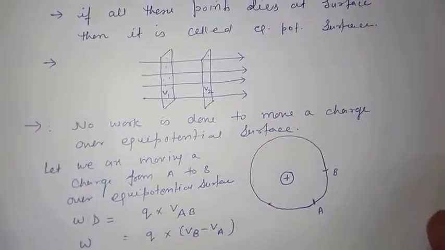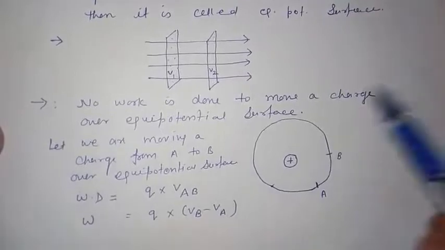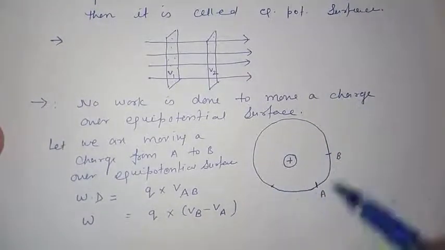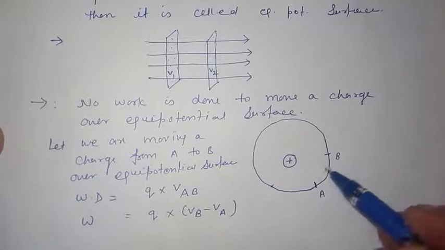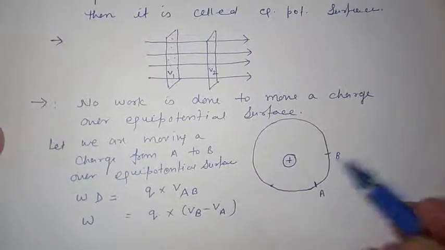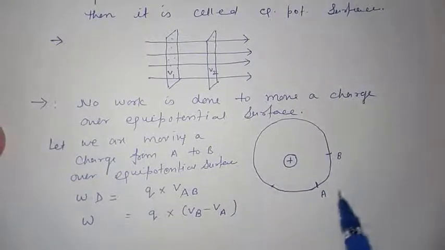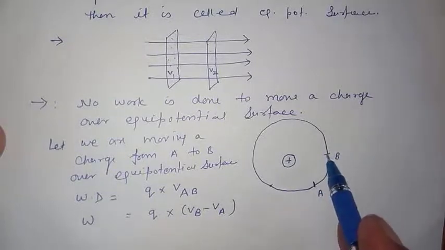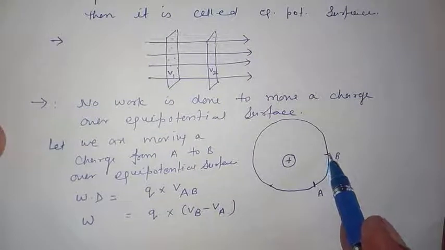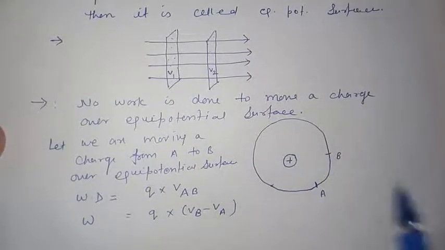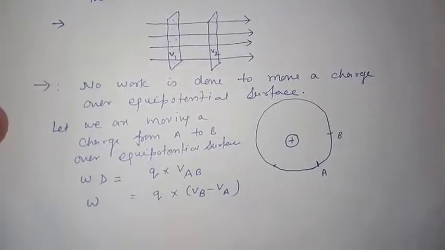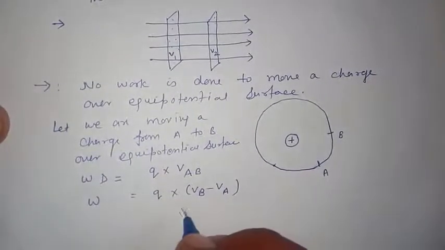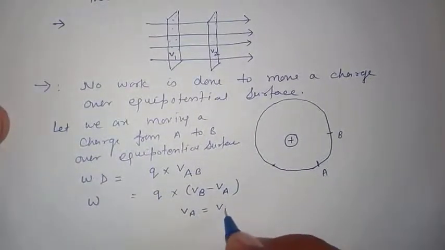Now you know, we discussed here that over the equipotential surface, the potential at each and every point will be the same. Means to say, if potential at point A is 5 volt, potential at point B will also be 5 volt, right? So potential is constant over both these points, means VA equal to VB.